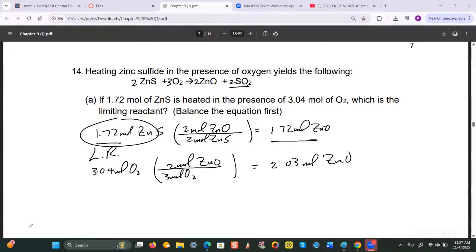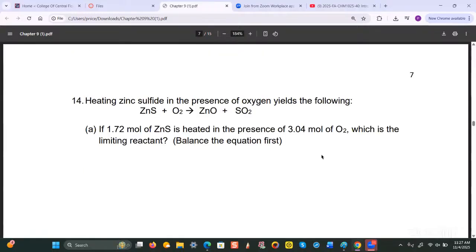Okay, let me go ahead and clear this and scroll down. How many more? Okay, same idea as the previous question. How many moles of the excess reactant remain, right? So the limiting reactant was the oxygen, right?